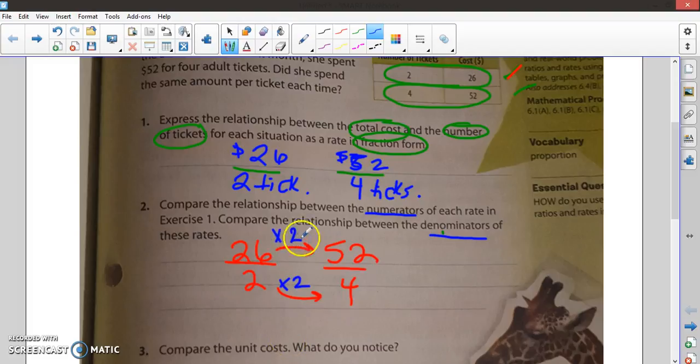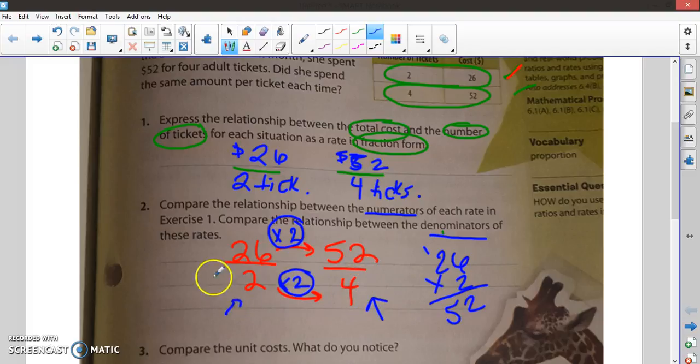Is 52 2 times the amount of 26? Well, let's work it out. Yes, it is. So the relationship is that this rate is 2 times the amount of this rate. So it's double. Okay?